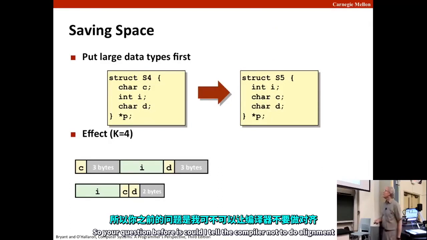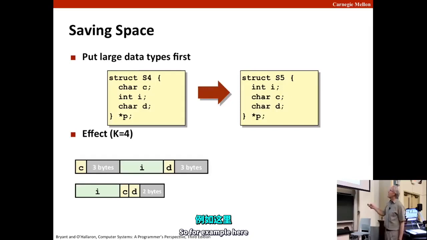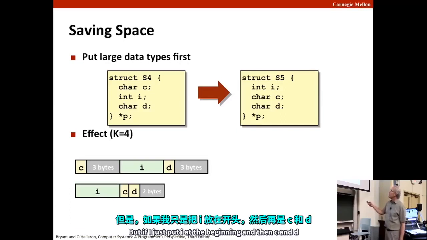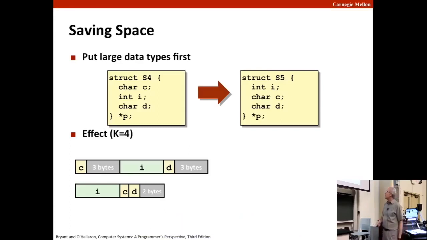So your question before is, could I tell the compiler not to do alignment? And the better way is to declare your fields in a way that minimizes the amount of wasted space. So for example, here, I wasted 3 bytes here and 3 bytes here to meet the alignment requirements. But if I just put I at the beginning and then C and D, I would have only wasted 2 bytes total.